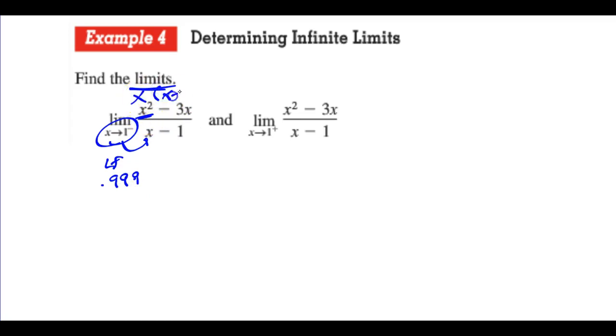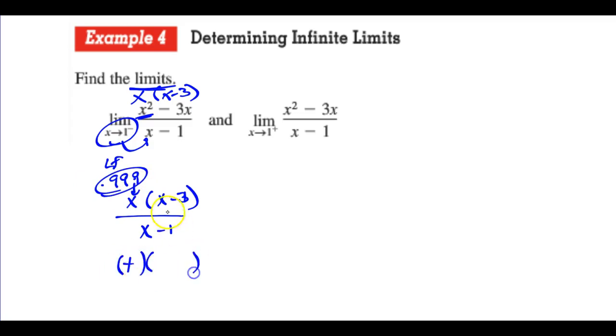This is x and x minus 3, so I'm going to use x minus 3 over x minus 1. If I plug the 0.999 in here, this is positive times, this is going to be negative, all divided by, if I plug in 0.999 down here, negative. So you can see the function is going to be positive.